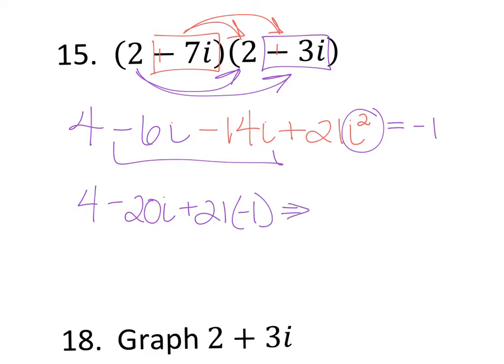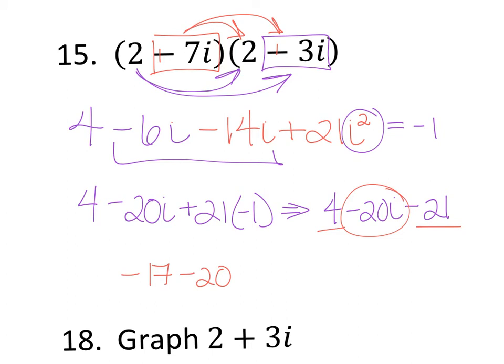Let's simplify this more. I get 4 minus 20i, and then a negative 1 times a positive is going to give you a negative 21. Well, it's 4 minus 21. 4 minus 21 is a negative 17, and you still have this negative 20i left, so it's going to be negative 17 minus 20i, and that is your answer.